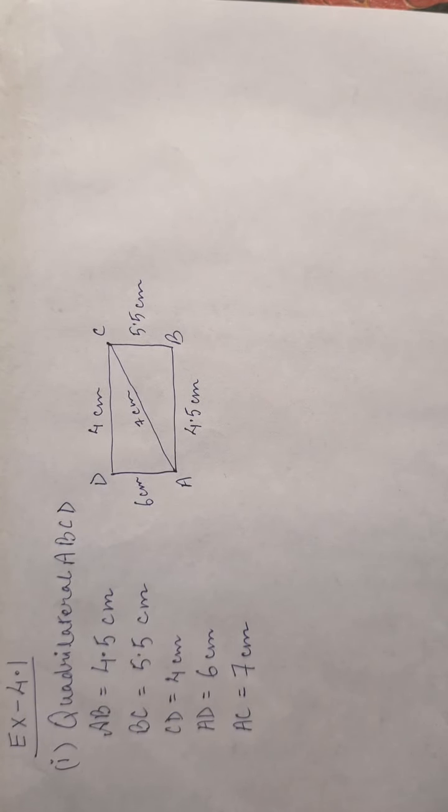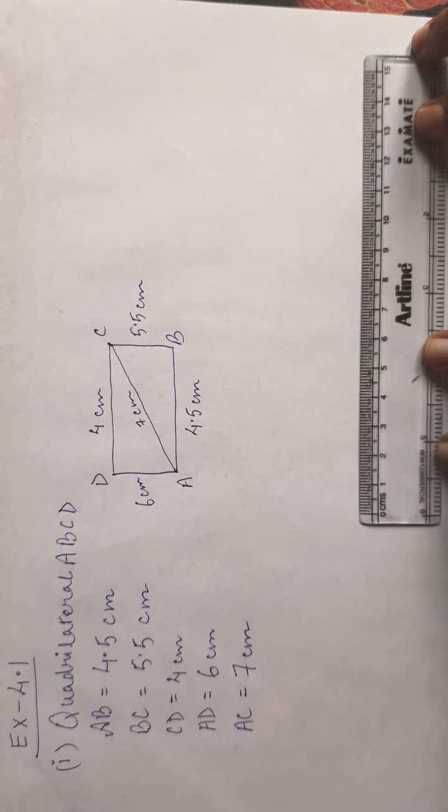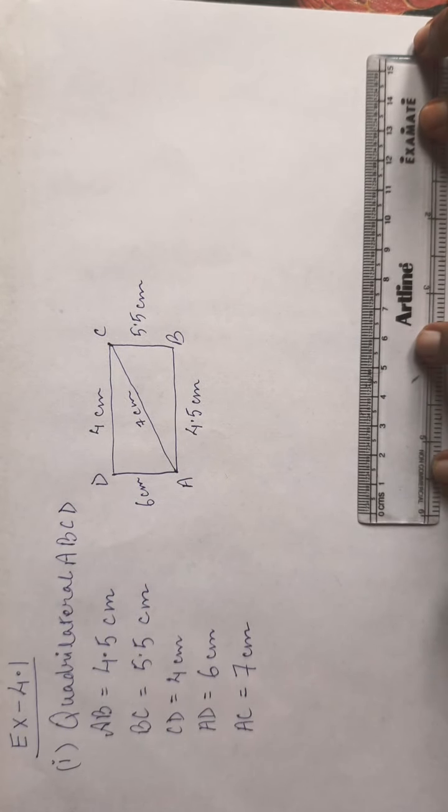So let us start with the construction. For construction you will need a scale and a compass. Right everyone? Children, we will first draw the diagonal, that is AC. Okay, so let us draw. AC is given 7 centimeter.